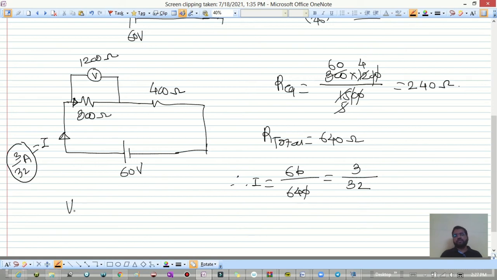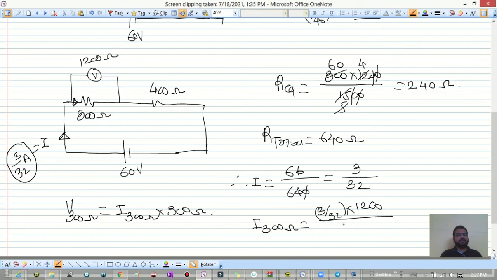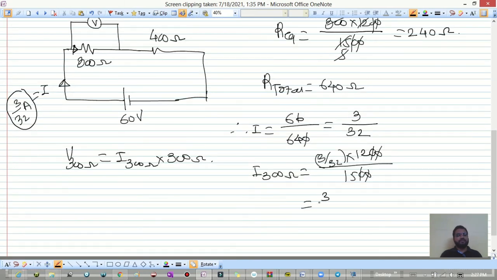So voltage across this 300 ohm is current through 300 ohm into 300 ohm. So how to calculate current through 300 ohm now? It is the total current we have 3 by 32 into opposite resistance we have 1200 divided by the total resistance we have 1500. So 0 0 0 0 get cancelled. We'll have then 3 by 32 into 12 by 15. So 3 5s are we have, right, 3 5s are 15.